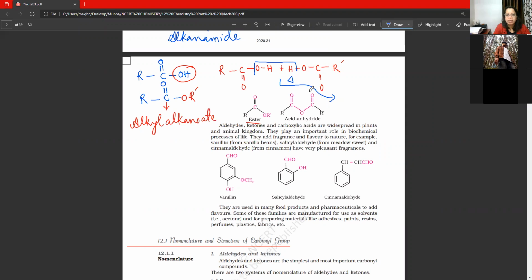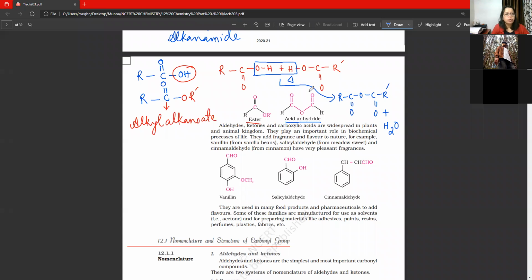A water molecule is being removed. A dehydration reaction will take place. The rest of the part is going to combine. That means R, C double bond O, O, C double bond O, R prime. This is called acid anhydride because a water molecule is being removed.